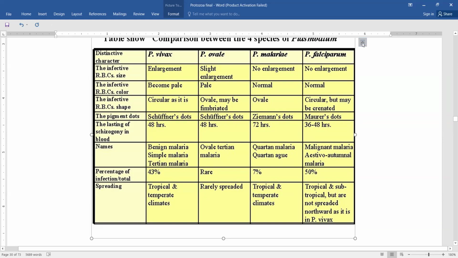Remember Plasmodium falciparum exists in African countries and causes a very fatal malaria. This is the most dangerous; sometimes death may occur due to Plasmodium falciparum malaria.